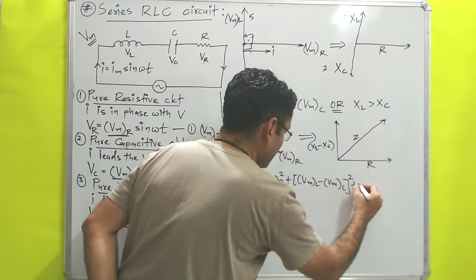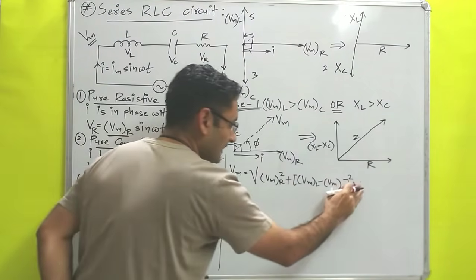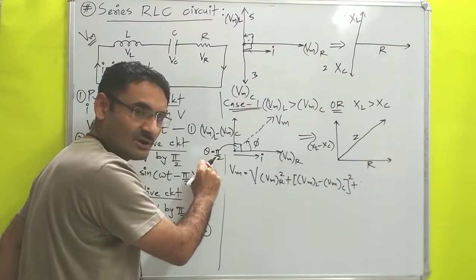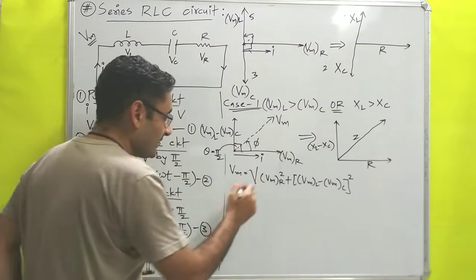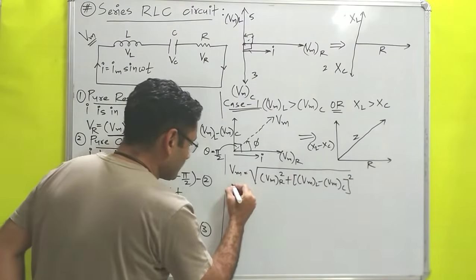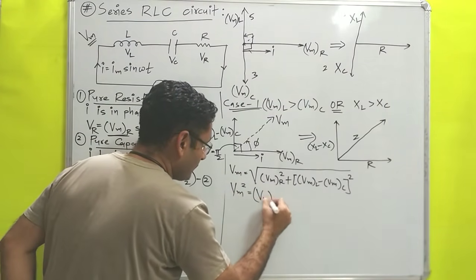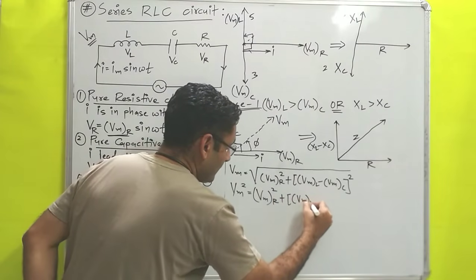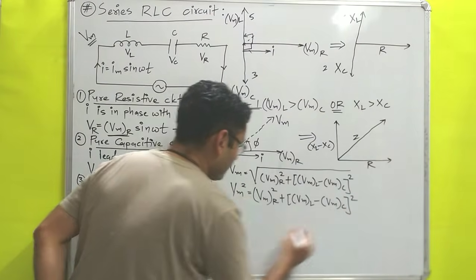First vector into second vector, so it will be your cos theta. We are writing cos theta. Cos theta means what? Angle between two vectors, and theta is pi by 2. Cos pi by 2 is what? 0. 0 means need not to write remaining term. Okay. Now that is your square root. So Vm square if I will do, it will be your Vm of R square plus Vm of L minus Vm of C whole square.